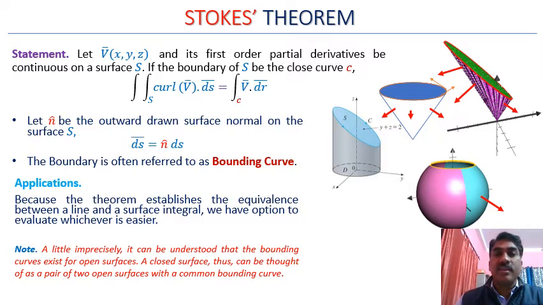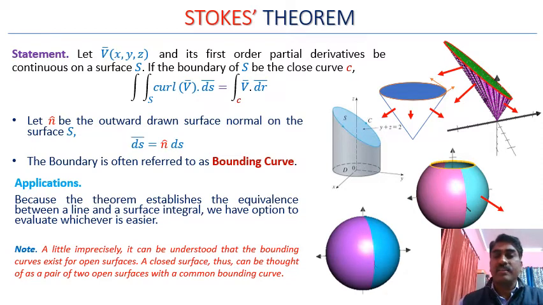In this sense, some authors say that closed surfaces also have a bounding curve. We can assume that if a closed surface has a bounding curve, you can think that two open surfaces are composed to form a closed surface. For an example, take this sphere. You can see the sphere is closed. This is a complete sphere, so I say that it has no bounding curve. In other words, I have colored the sphere in two different colors, one half in purple color and the second half in blue color.